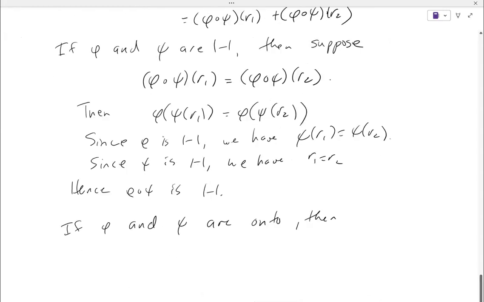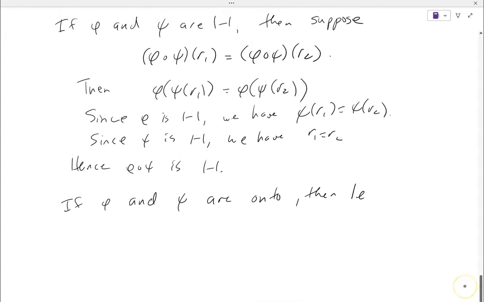So your first statement here should be: let little t be an element of T, or whatever you want to call it. Start with something in T. We want to find something in R that maps onto T, right?